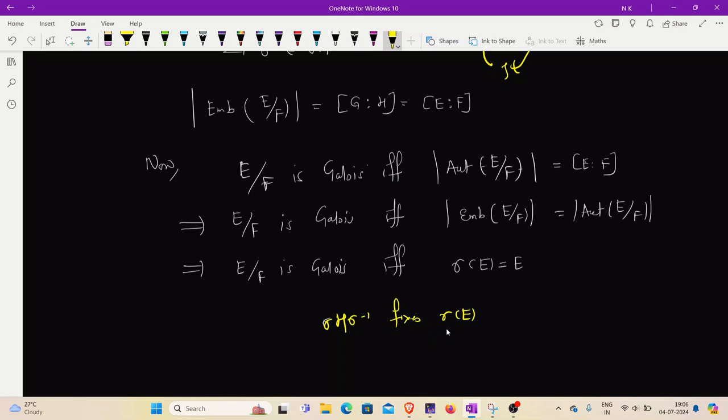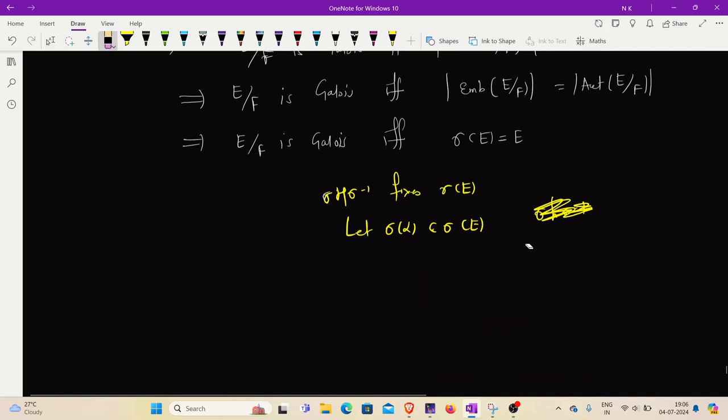What we'll do, we will take one element from sigma of E, say sigma of alpha, where alpha belongs to E. Then for sigma H sigma inverse, where H is a random element of H, sigma H sigma inverse of sigma alpha equals sigma of H of alpha, right?